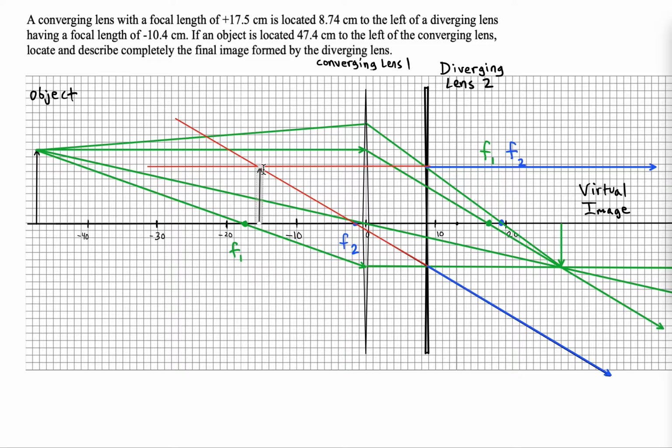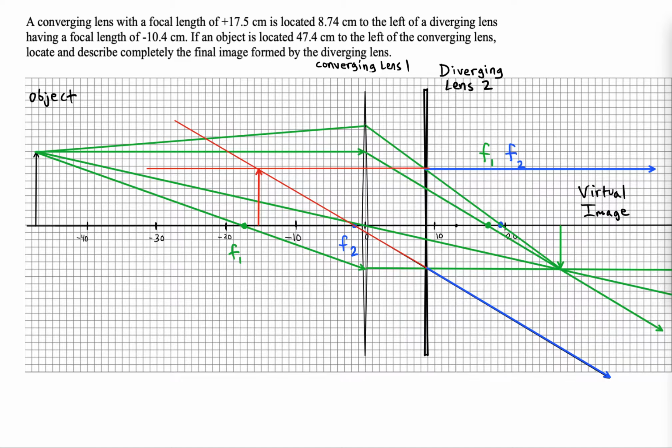Now it's possible my drawing could be just slightly skewed a little bit. So maybe I'll draw a third ray as well. Another ray we can draw would be one which approaches the image here and goes through the center of the diverging lens.